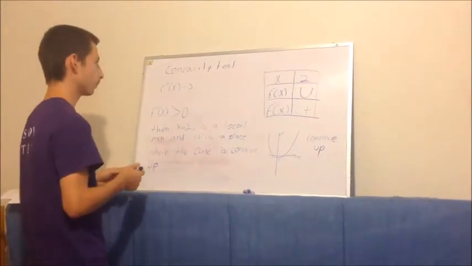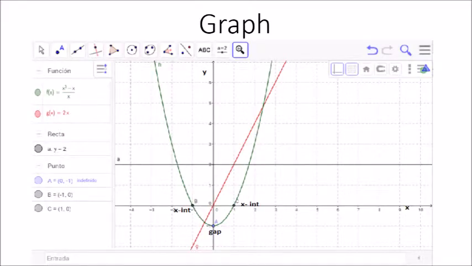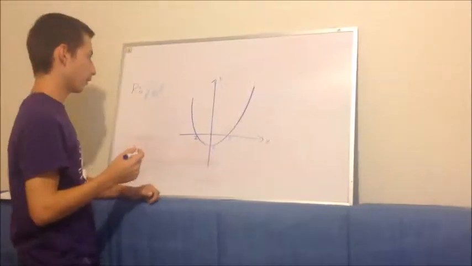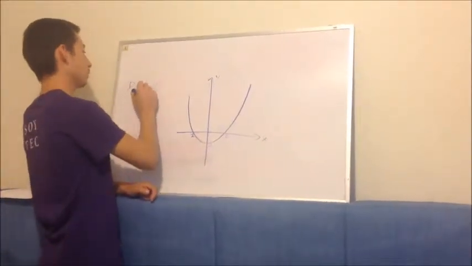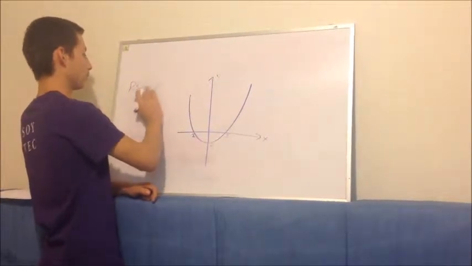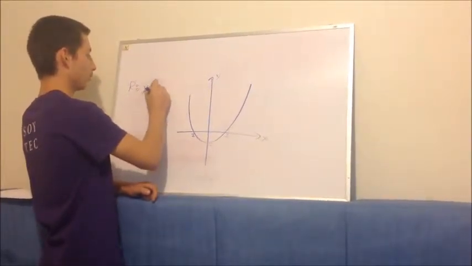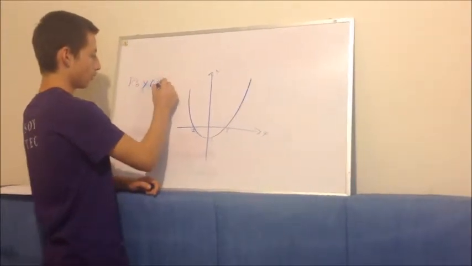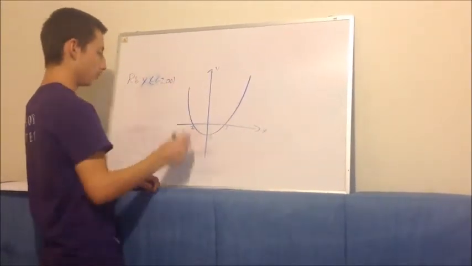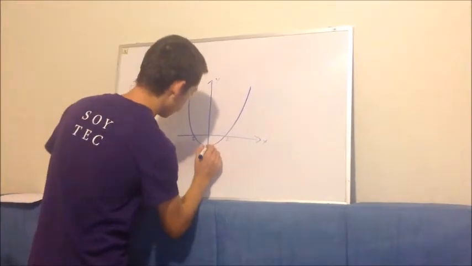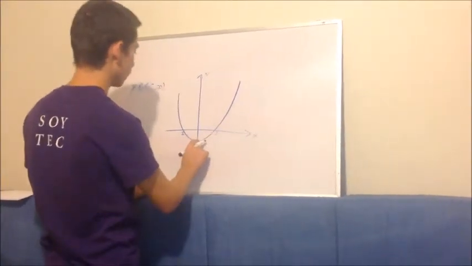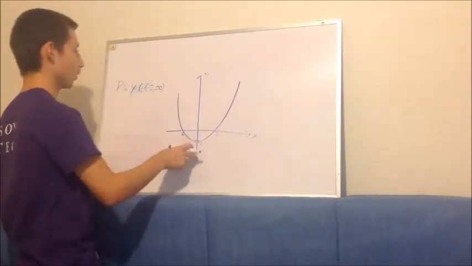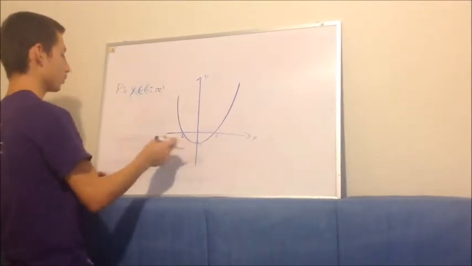Rearranging, y goes from minus 1 to infinity, because it's a parabola, and rearranging, it goes from minus 1 to infinity and doesn't touch minus 1.